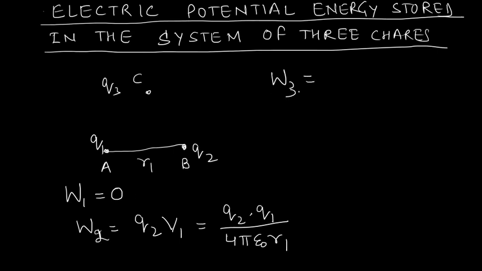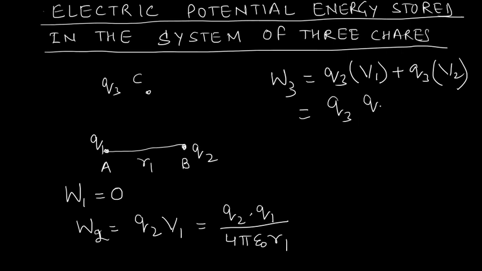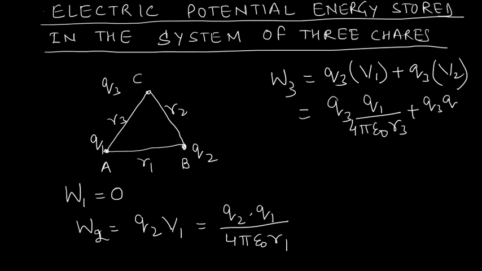The work done will be Q3 into the potential due to Q1 at point C plus Q3 into the potential due to Q2 at point C. And after putting the value of V1, that is Q1 upon 4 pi epsilon naught, and supposing the distances between these three charges are r1, r2 and r3, it can be written as Q3 Q1 upon 4 pi epsilon naught r3 plus Q3 Q2 upon 4 pi epsilon naught r2.